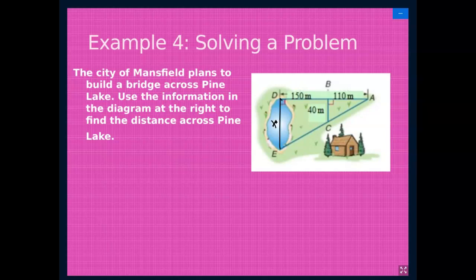So what they did was they said, okay, I can construct a triangle, and we'll call that triangle ABC. So they created this small triangle ABC to help them find the length of the larger triangle ADE.